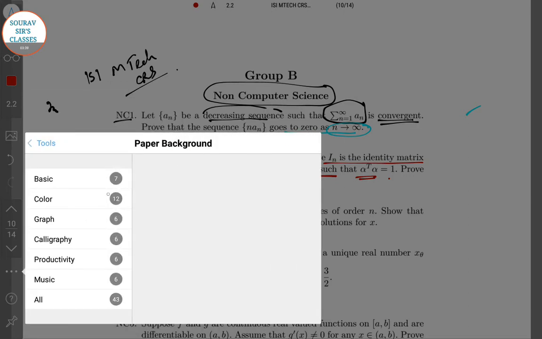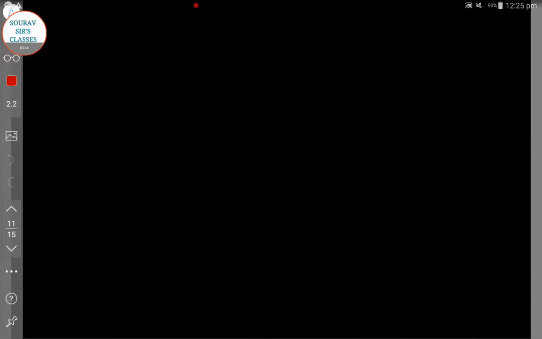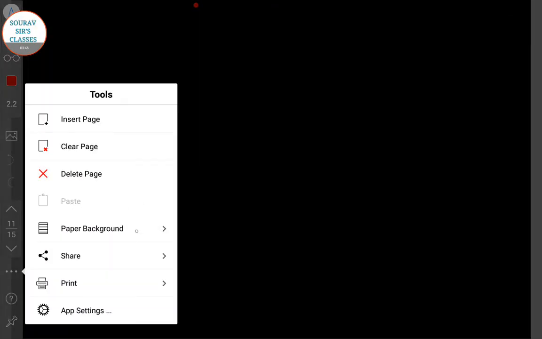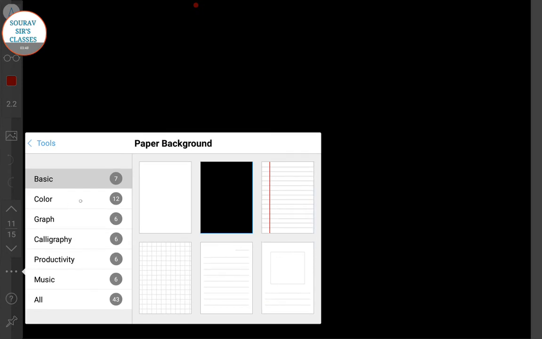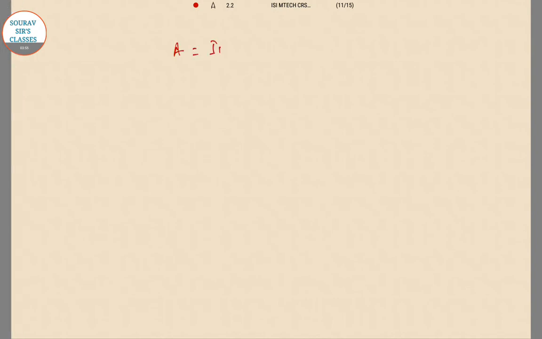Let's decide the paper background. Now in this case, A is nothing but I_n minus alpha alpha^t in the vector structure. So A square here will be (I_n minus alpha alpha^t) whole square. I'm just splitting it.